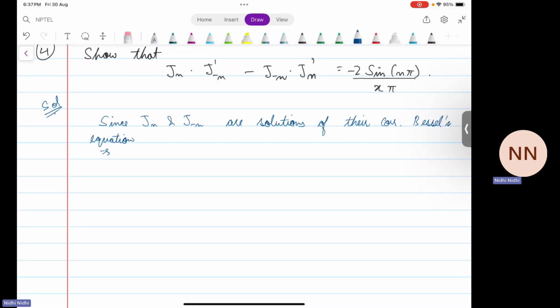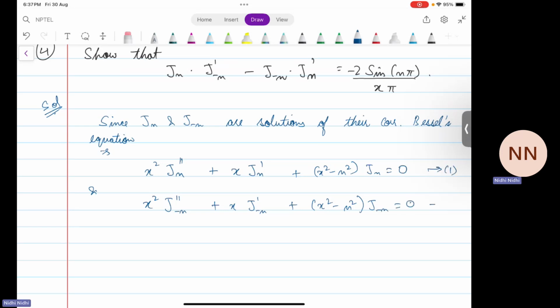So this would give us x^2 J_n'' + x J_n' + (x^2 - n^2) J_n = 0, and x^2 J_(-n)'' + x J_(-n)' + (x^2 - n^2) J_(-n) = 0. Let's number these as 1 and 2.